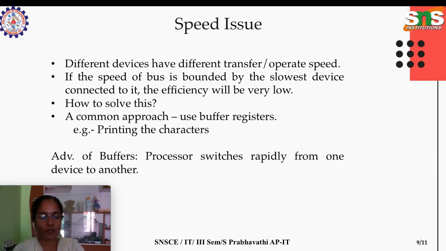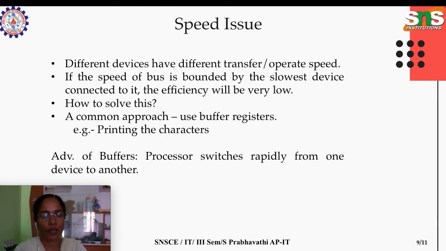And speed issues will arise in the bus because the speed of each and every component of a computer system varies. As I said, the processor is of very high speed, and memory, of course, these are all electronic devices, whereas input devices and output devices like printers and keyboards are electromechanical devices. Those are slow when compared to memory and processor.